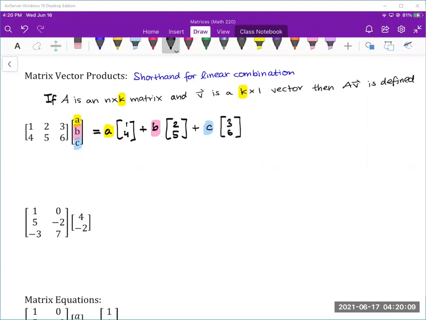So we're building a linear combination where these entries of the vector are weights applied to each of the columns.